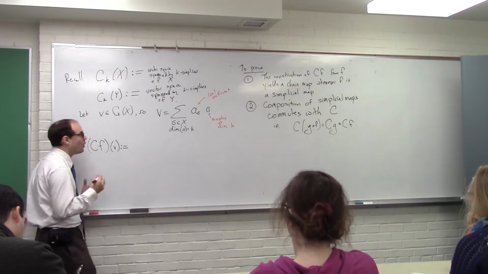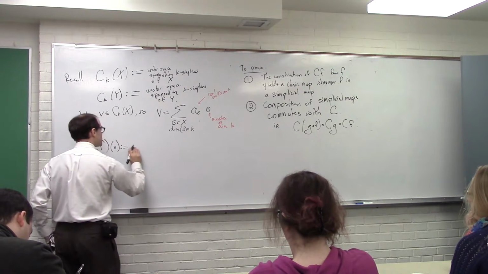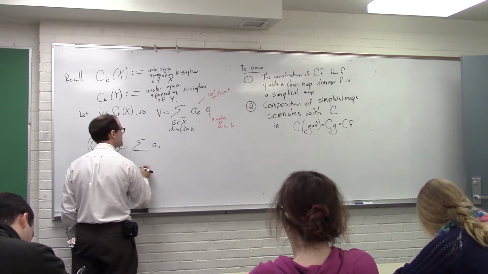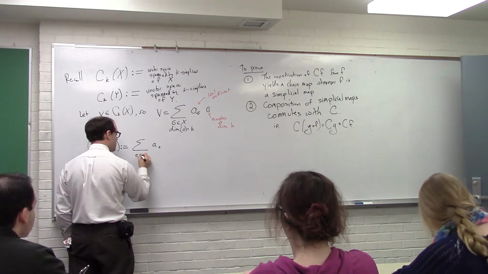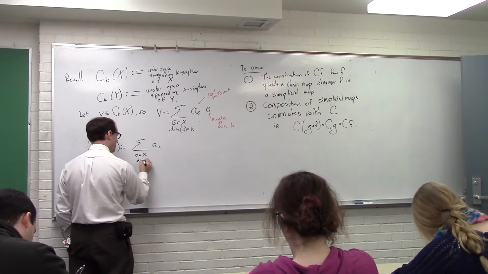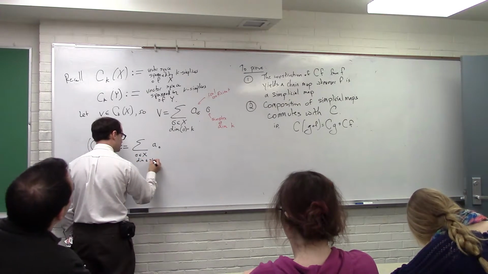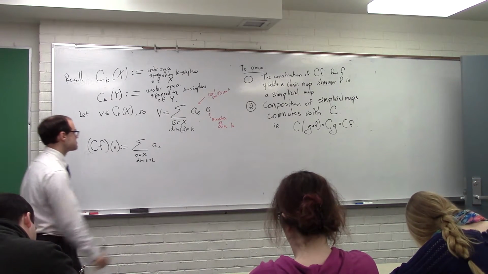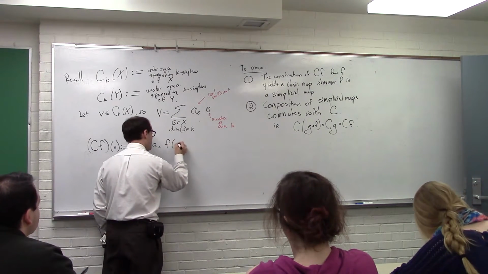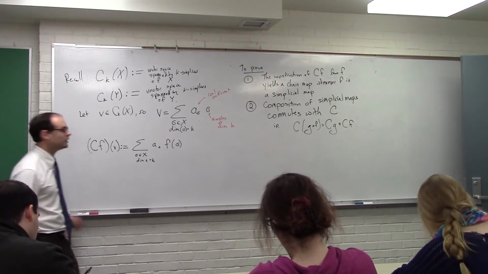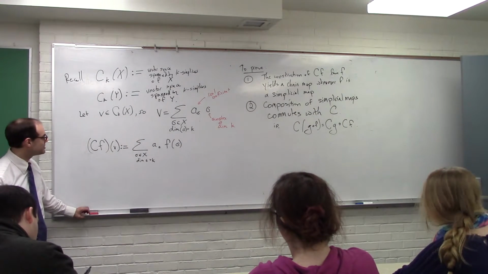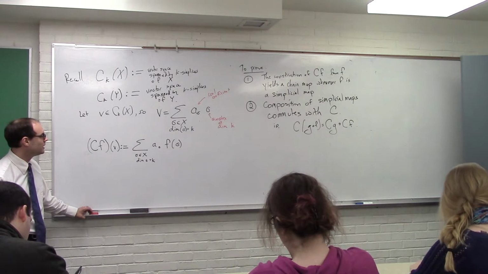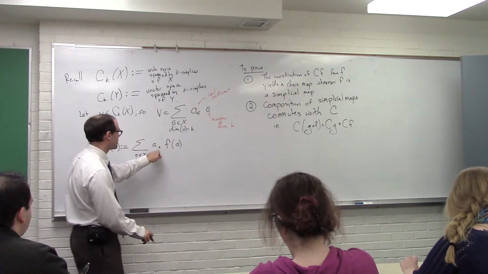Well, it's linear. I'm going to assert by construction that it's linear. So I'm going to take the same set of coefficients, and what am I going to do? Take F of sigma. Now, that's still a real coefficient.